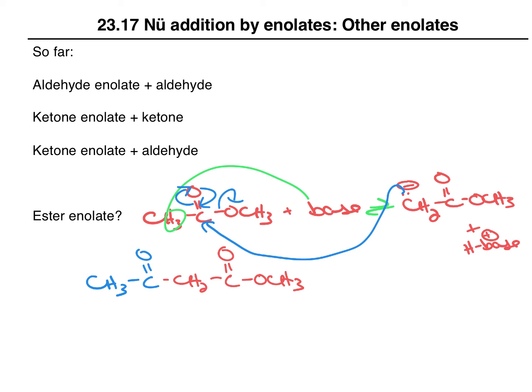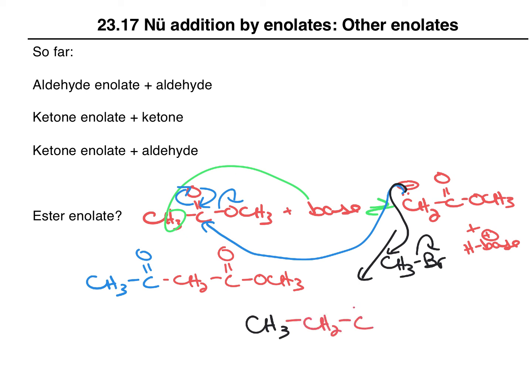In the last chapter, we were talking about nucleophilic substitution, so we saw that we could potentially add, let's say, some methyl bromide, and then this could add here, kick out bromine as a leaving group, and we would do SN2 substitution, which would give us this.